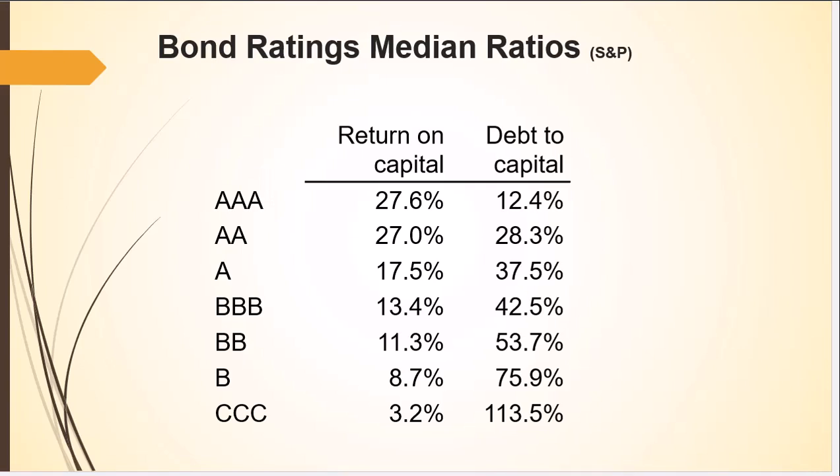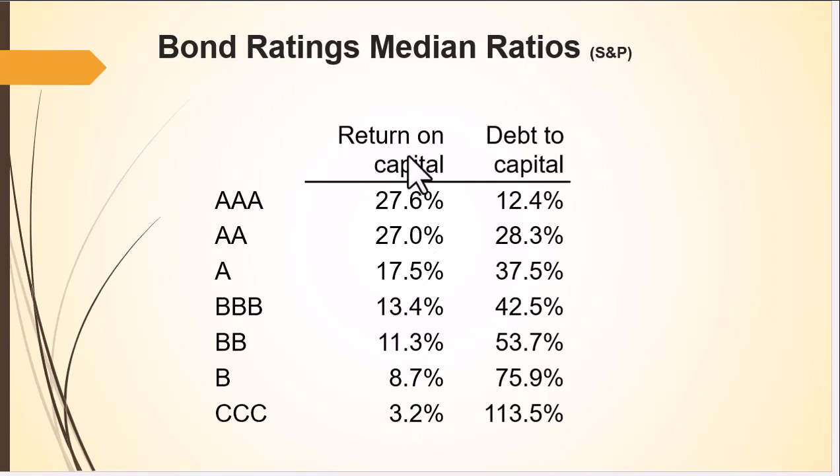So what we can see here, this is the profitability column, and this is solvency. And as you would suspect, the higher quality bonds, those with the least chance of default, should be the most profitable companies, or should be the companies that also have the least amount of debt. So you can see the actual ratio, right?